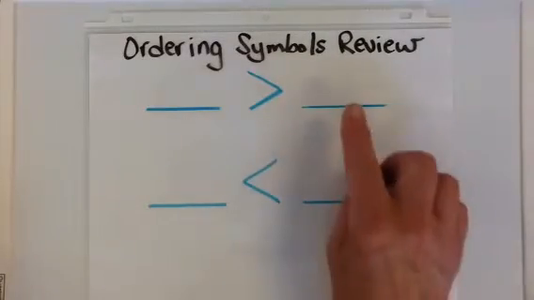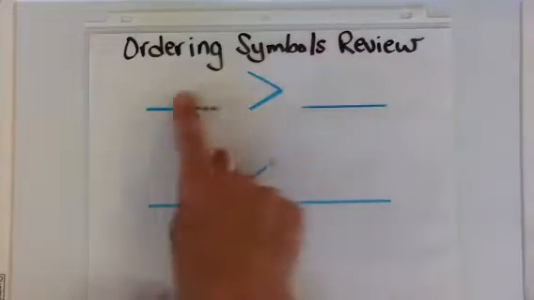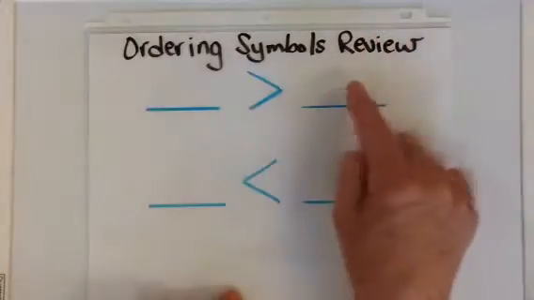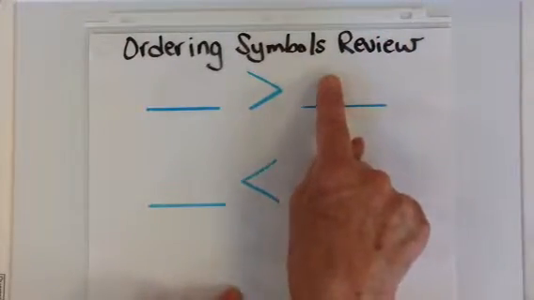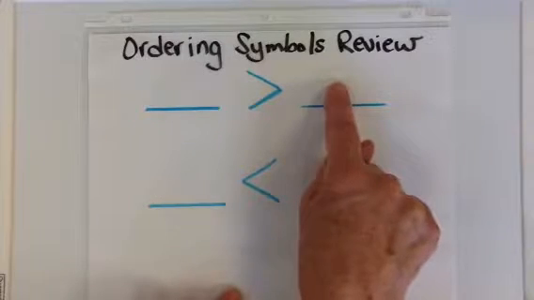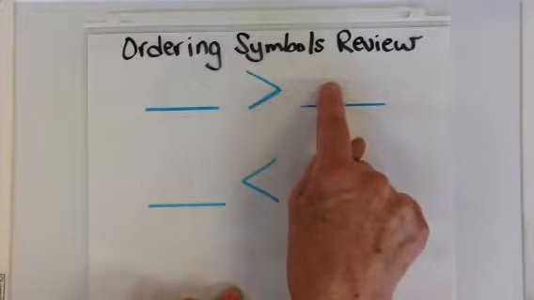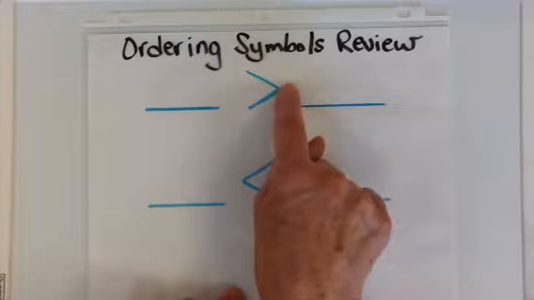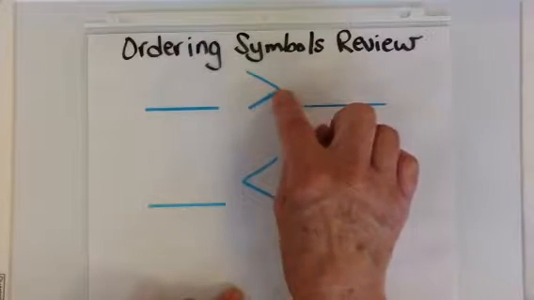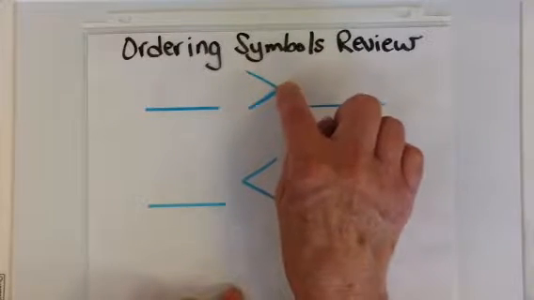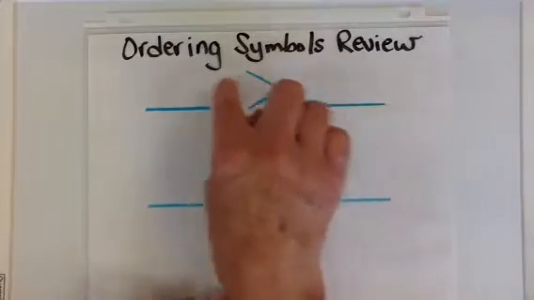Now, if we're reading this statement from right to left, you would say this number first, and using your finger, you could point to it, and then drag your finger, move it to the left, and what do you hit first on this symbol, the little pointy end? So you would say is less than, and then this number.